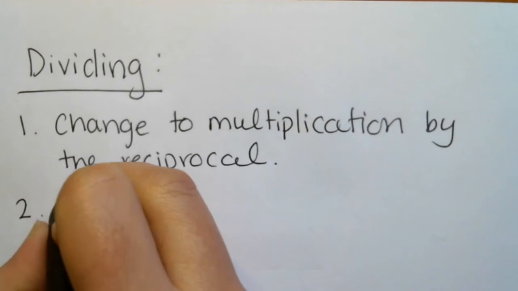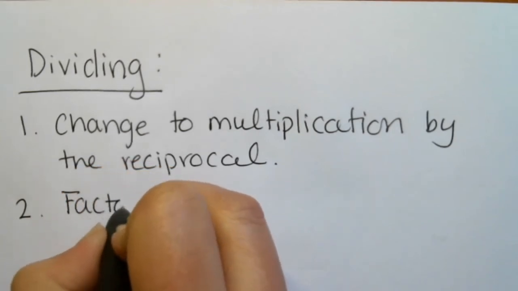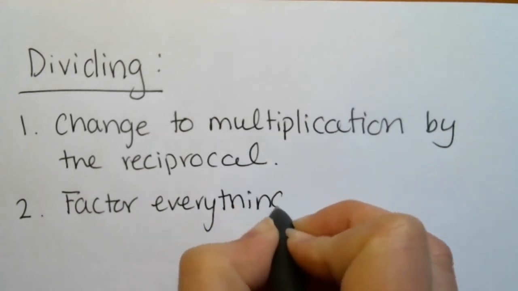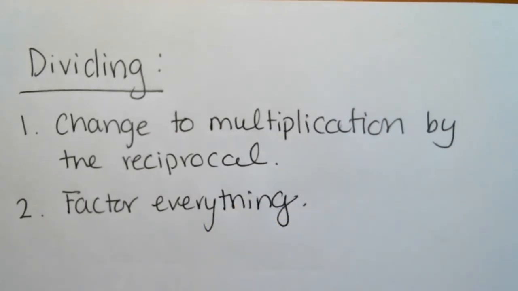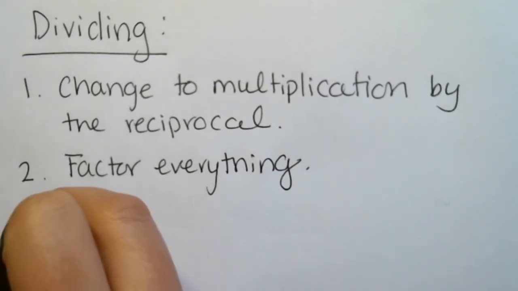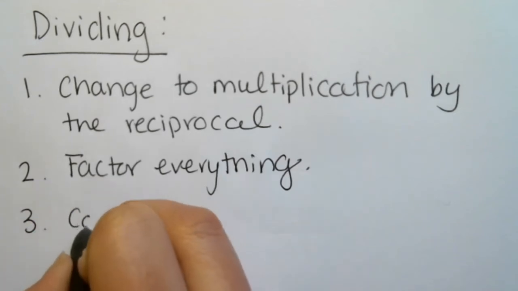Then the second thing you're going to do is factor. Okay, again, you're factoring all numerators and denominators. Okay. And then the last thing you're going to do, oh, I'm sorry, you're going to cancel common factors.